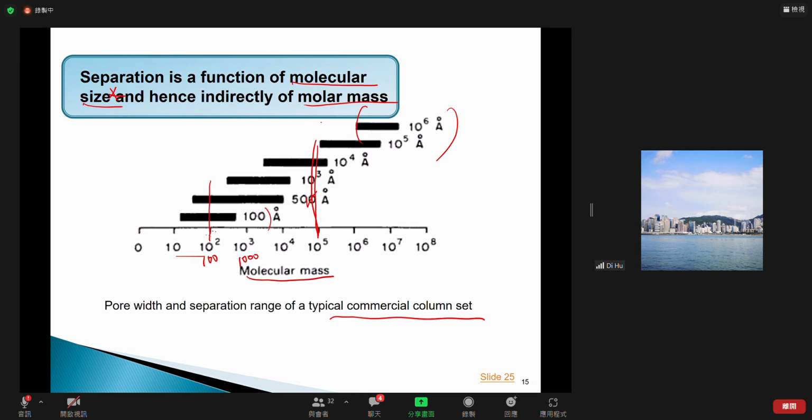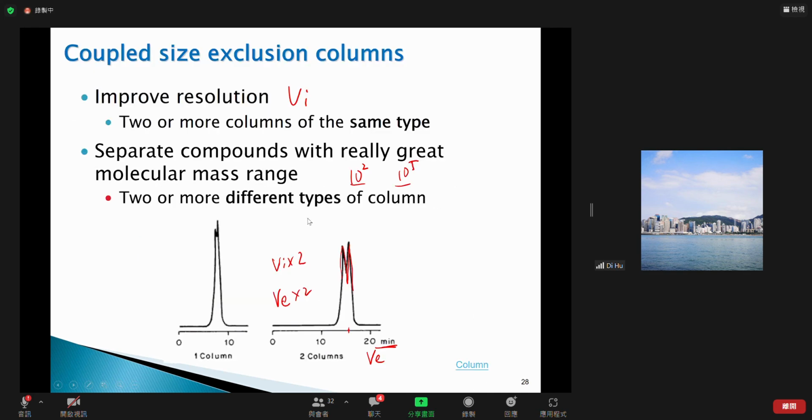This one, 500 angstrom, is no longer enough. So I can combine 500 and 10 to the fourth. I can combine these two together, right? And then I should be able to cover that range from 10 to the second to 10 to the fifth, right? Okay, do you see that? So this is how we do it. You can combine them together, and then you can extend their ability to handle a wider mass range.